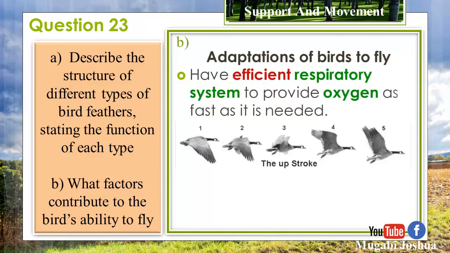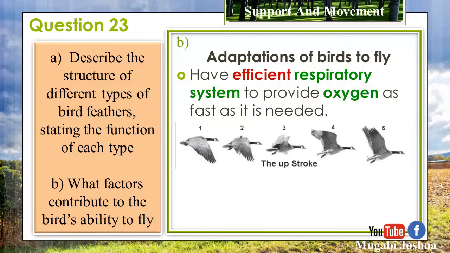You will also see that they have an efficient respiratory system to provide oxygen as fast as it is needed. Their respiratory system is very efficient in providing oxygen which is needed to break down glucose to provide the bird with enough energy.